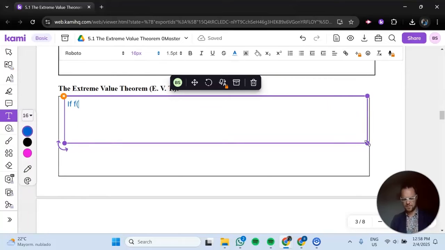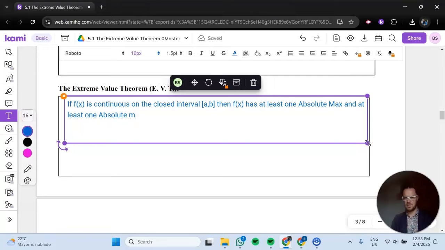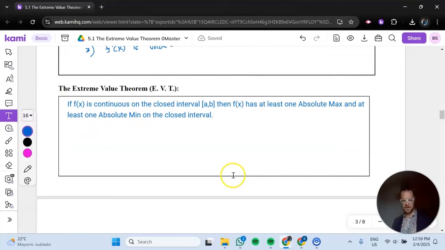So if f of x is continuous on the closed interval from a to b, then f of x has at least one absolute max and at least one absolute min or minimum on the closed interval. Okay, so that's our actual definition for our extreme value theorem, what it does.